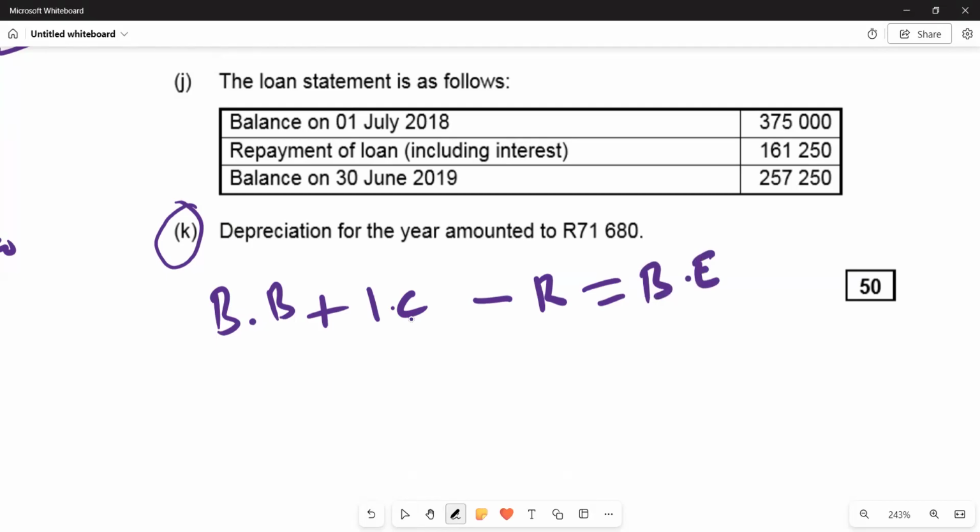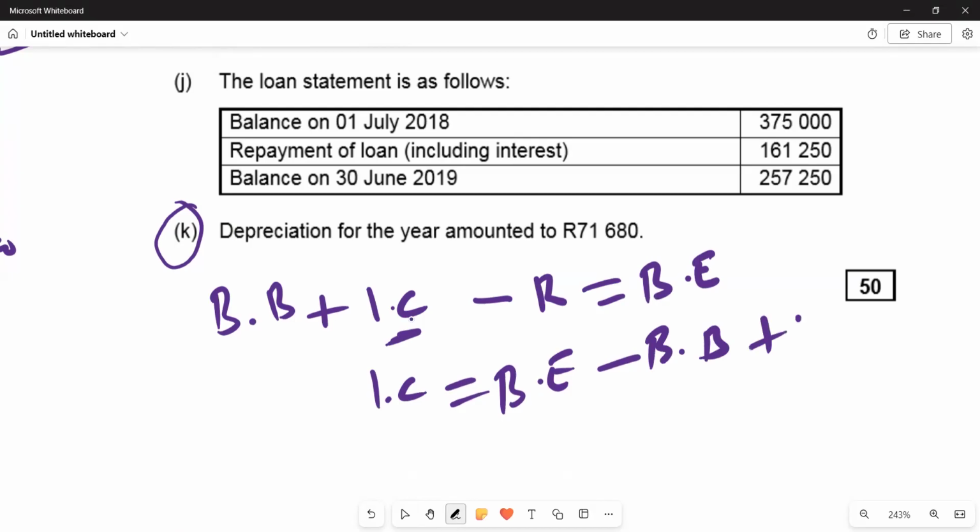So the figure that we want is this one. To make it subject to the formula, we say balance at the end, we subtract balance at the beginning. We take this one to the other side, it becomes negative. We take a negative repayments to the other side, it becomes positive repayments.